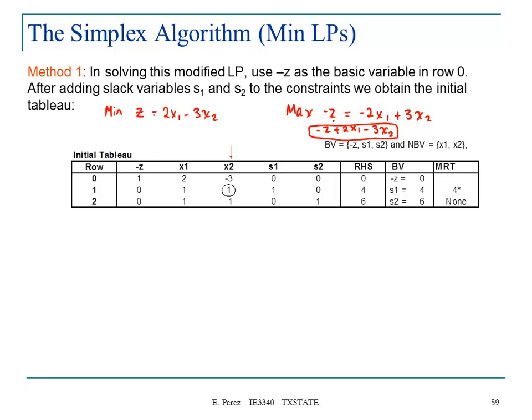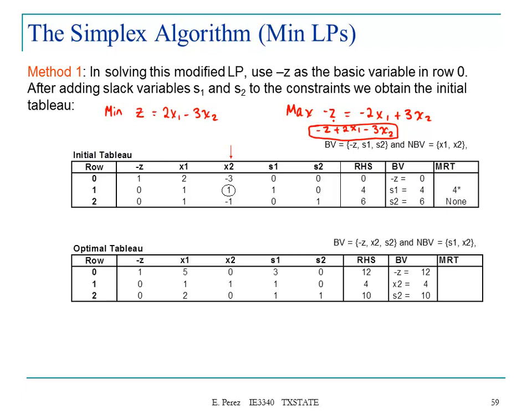So that's why we have a none here. So the only one that you can use to pivot that variable is the first row, row number 1. Okay? So when you pivot that, remember you need to make this 0 and this one 0, and that's what we did here. Now you have a second tableau.